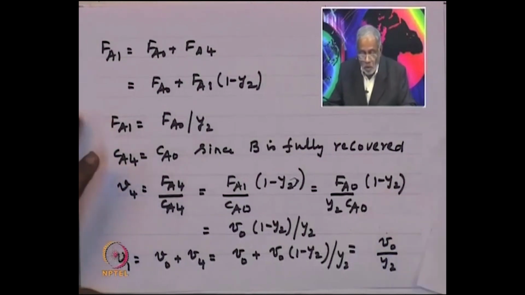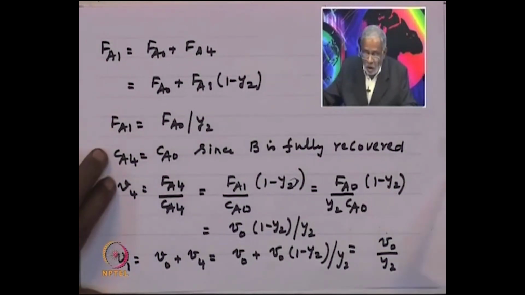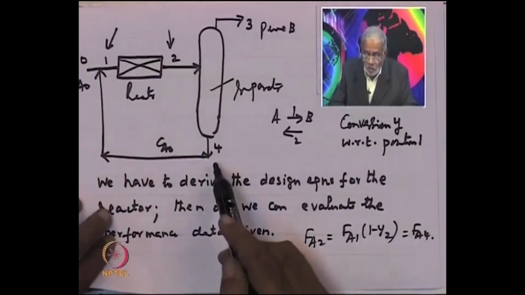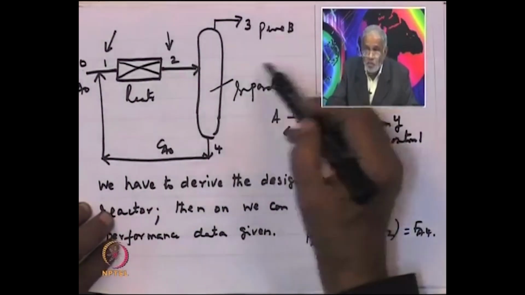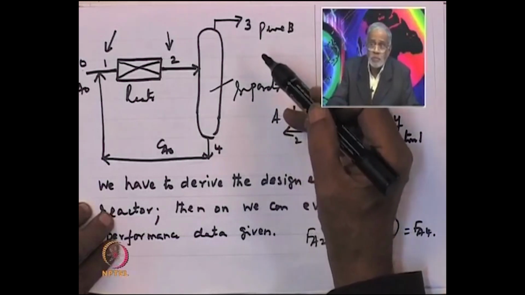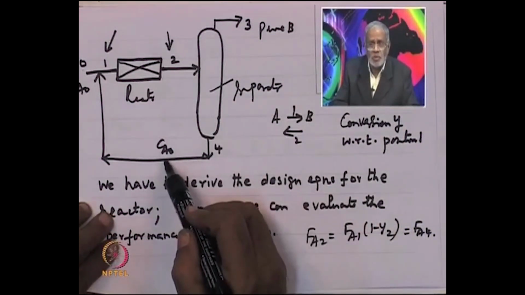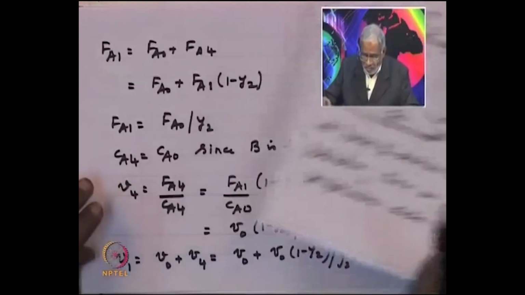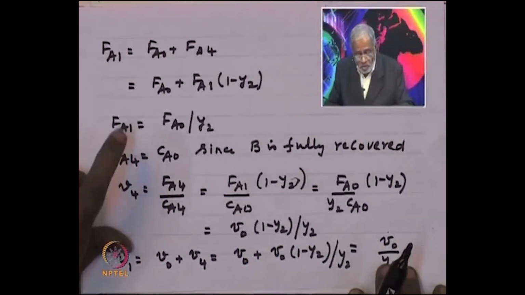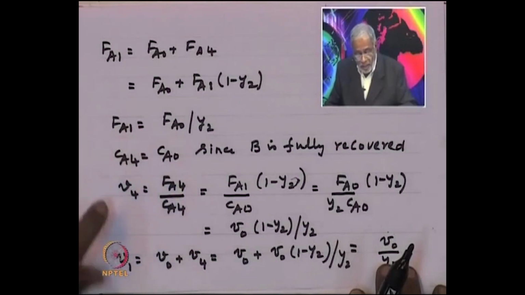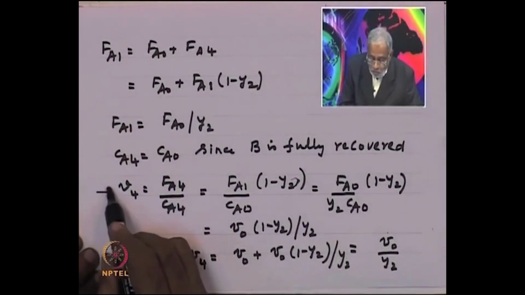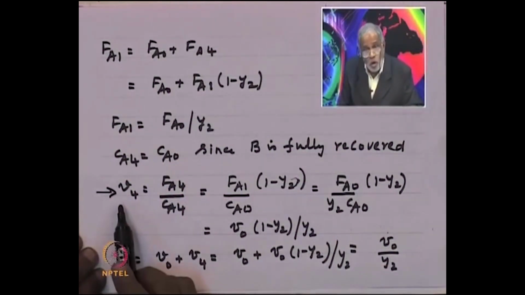Okay. Now, what is the concentration of A at position 4? We said all the B is fully recovered, and therefore the concentration at 4 is same as CA0. So CA4 is CA0, and therefore we can calculate now what is the flow at position 4. What is flow at position 4?